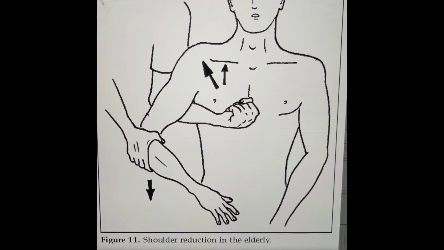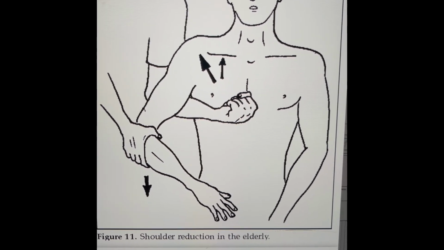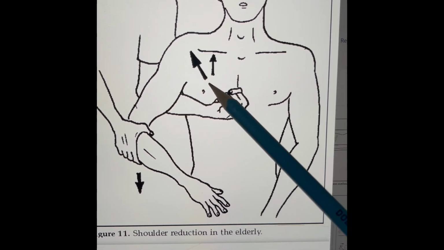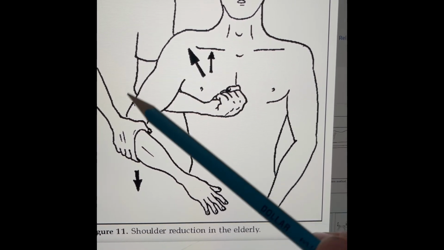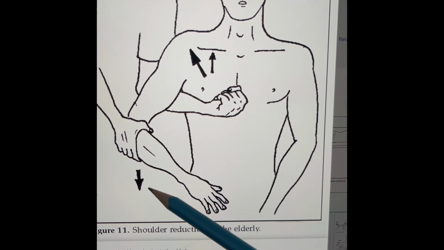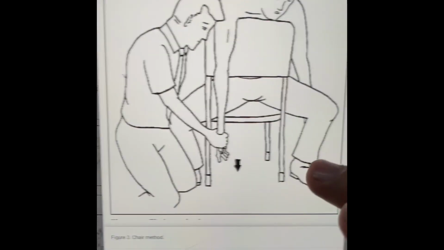In the elderly, we can also do reduction by putting one hand in the axilla and giving a force in this direction, while with the other hand we pull it down. This is the same counter traction.